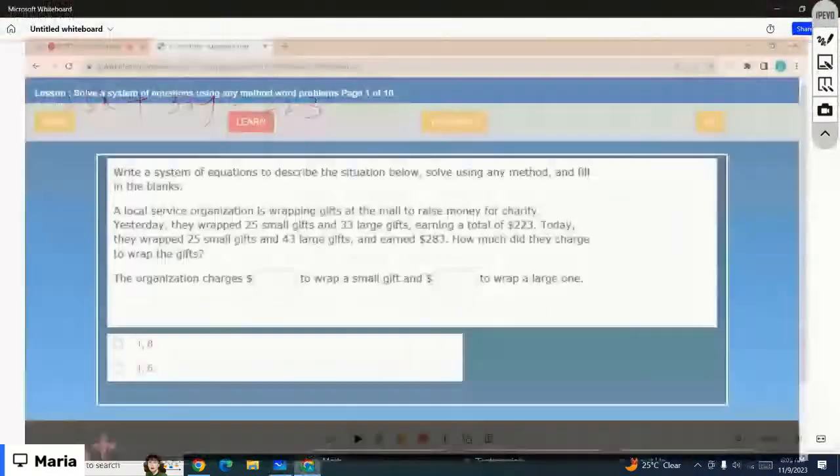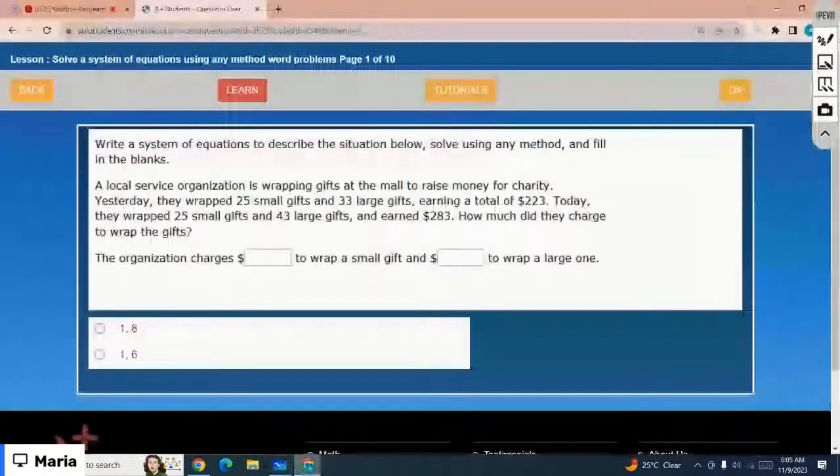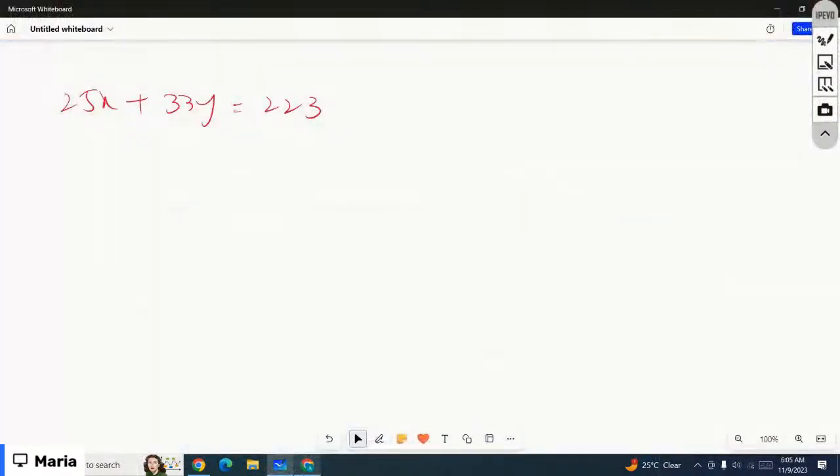Then the other equation is 25x plus 43y equals $283.